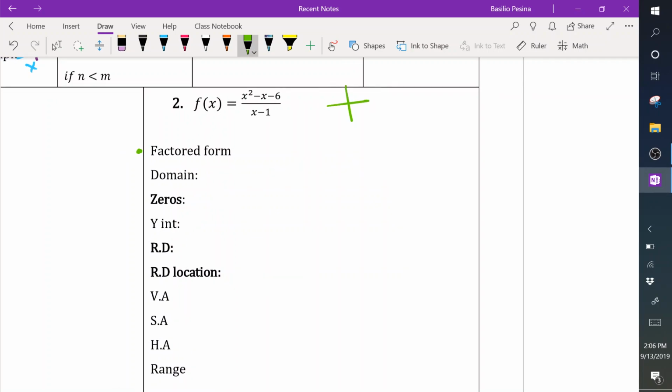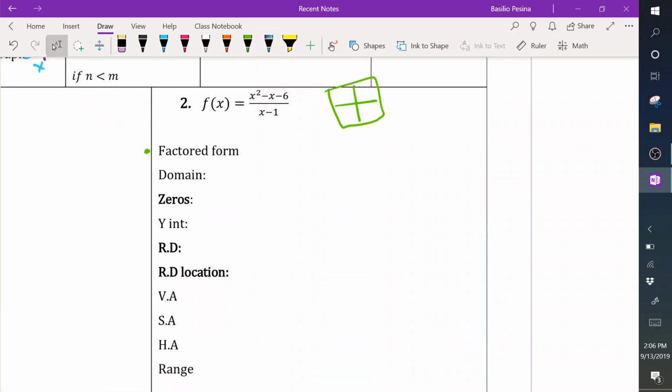So I've got this right here, and I get my table. I get this x squared, that will go here, x squared. Then I get this negative 6, that will go right here. And I multiply them together, I get negative 6x squared.